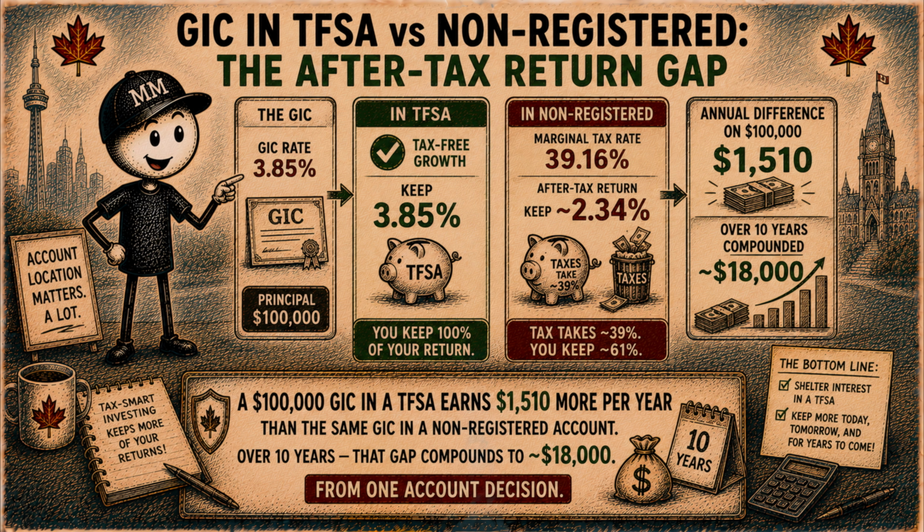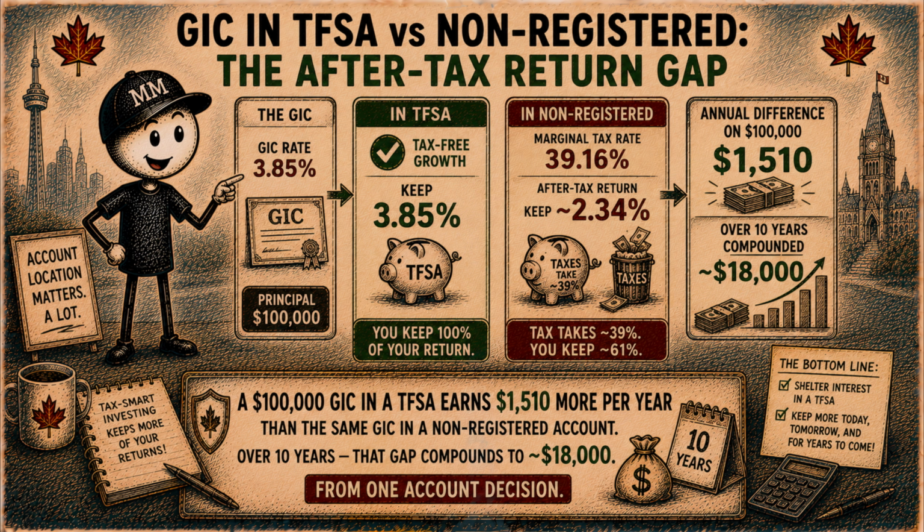Inside a TFSA, a GIC paying 3.85% keeps all 3.85%. Outside a TFSA, at a 39.16% marginal rate, you keep approximately 2.34%. The TFSA eliminates that gap entirely.